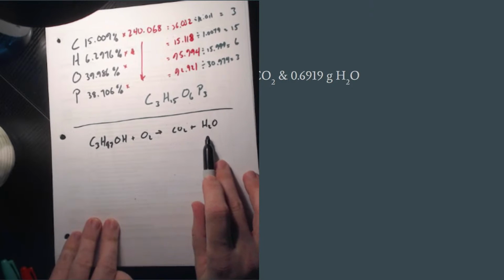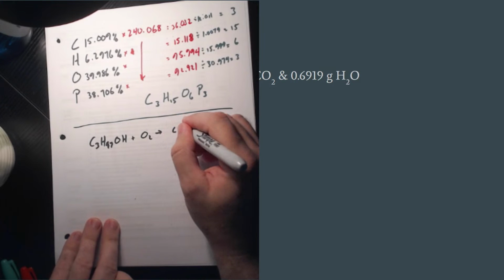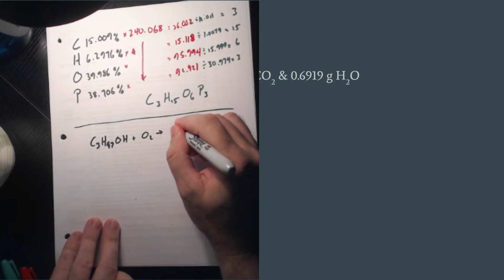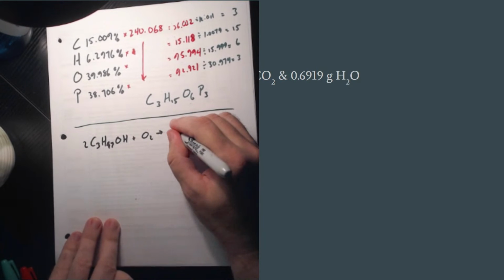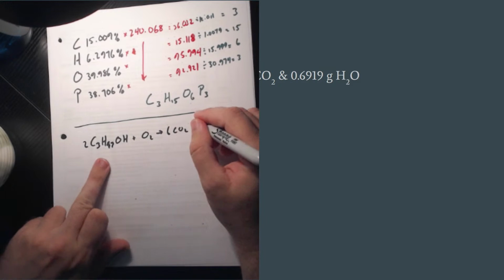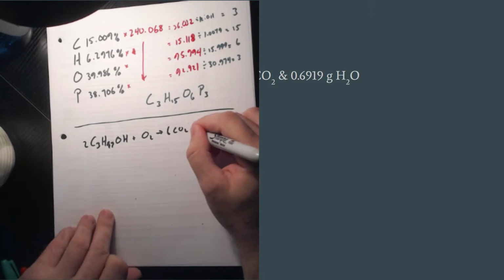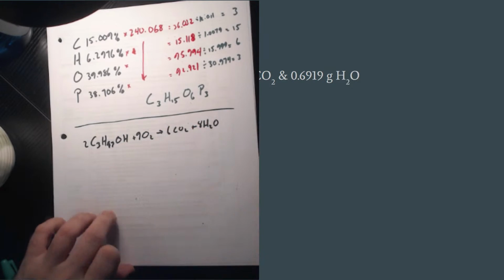So that's why I'm saying we need, let's see, 8, 12 plus 8 is 29. There we go.